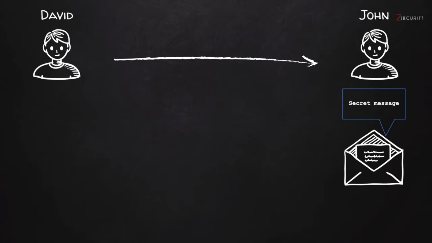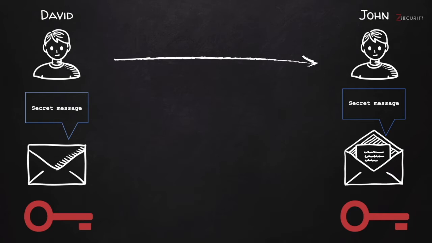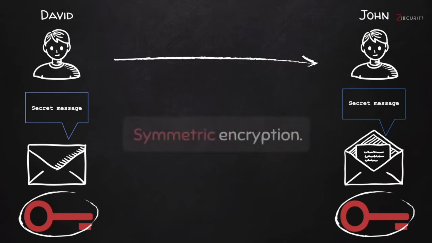So very, very simple. Basically, David uses a key to encrypt the message, John uses the same key to decrypt it, and this way they're both able to read the message, but anybody who does not have the key will not be able to read the message. So the same key is used by David and by John. Therefore, this is known as symmetric encryption.